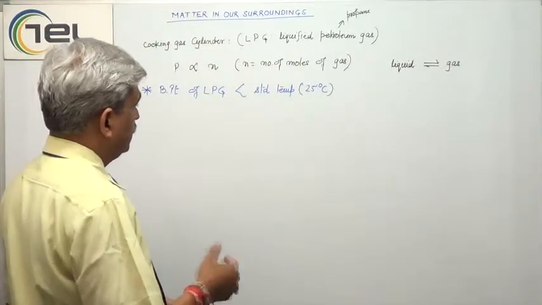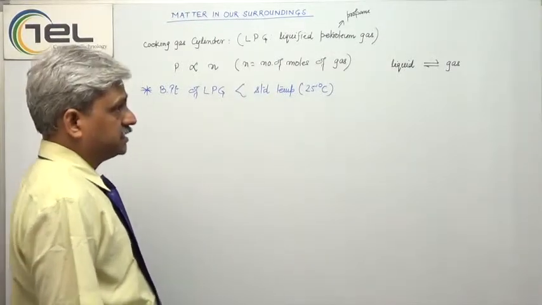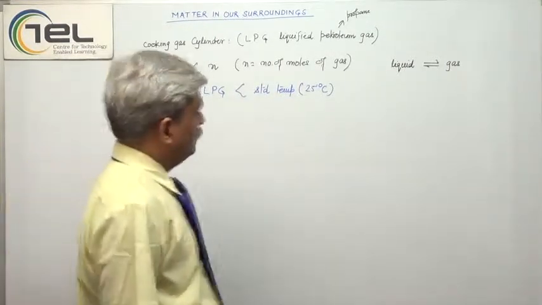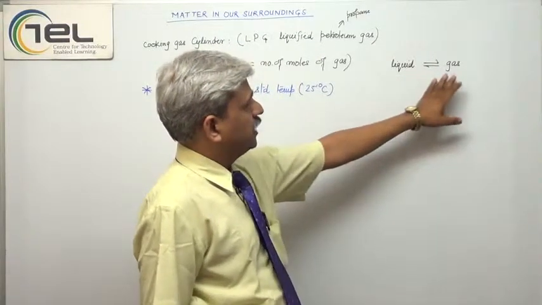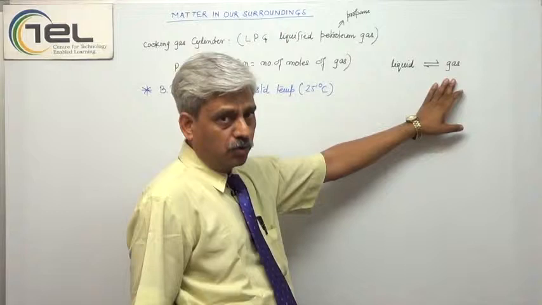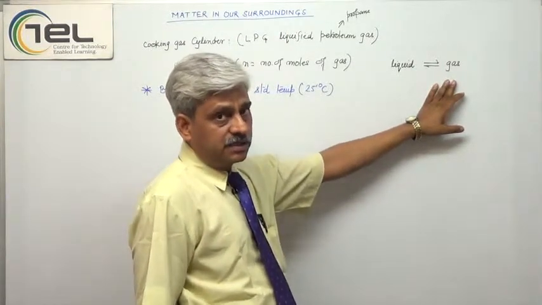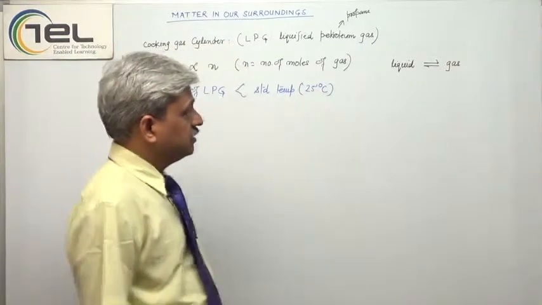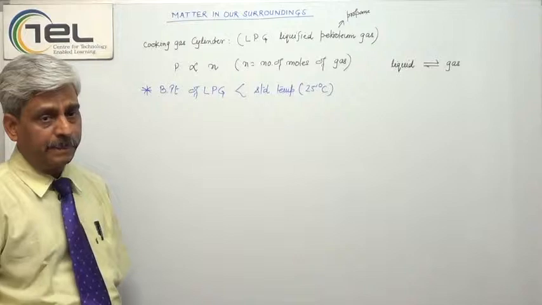So, as the pressure releases, as the number of moles inside becomes less, what happens? This liquefied petroleum gas converts into gas more and more, and every time the pressure inside the cylinder remains almost constant because of this feature.